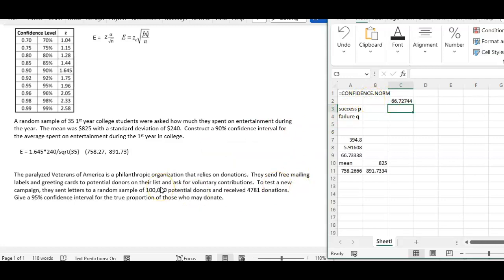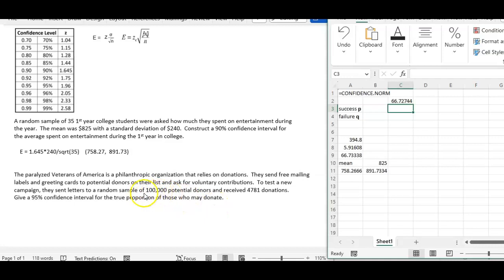Okay, well, let's go on to the next example. The Paralyzed Veterans of America is a philanthropic organization that relies on donations. They send free mailing labels and greeting cards to potential donors on their list, and ask for voluntary contributions. To test a new campaign, they sent letters to a random sample of 100,000.